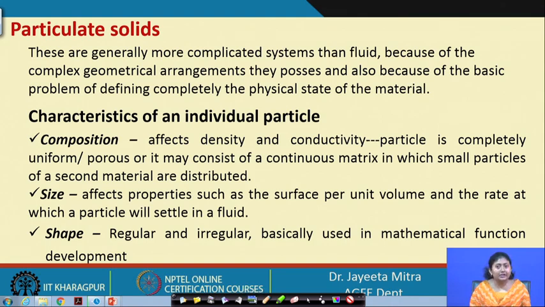So, first we will see in terms of what parameters we can define the particulate solid, then how those parameters are categorized and classified, and then what actions or mechanisms we can apply on them.